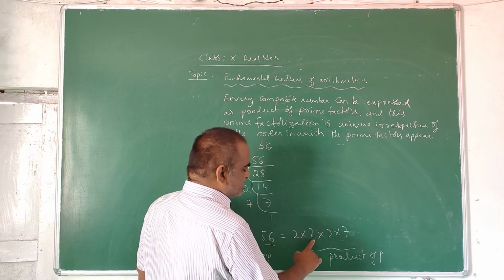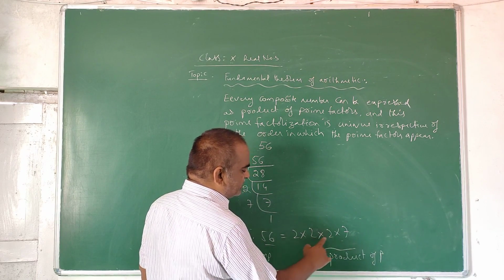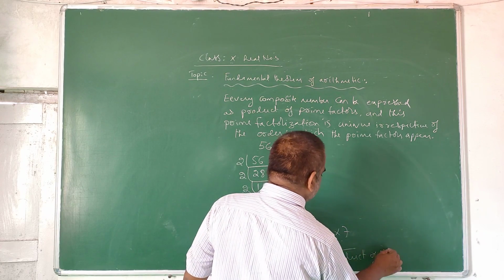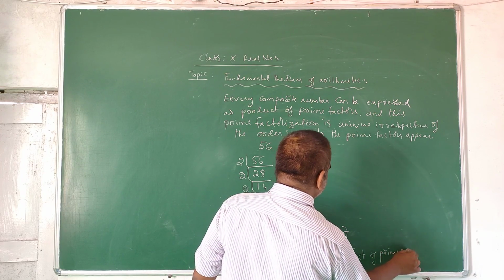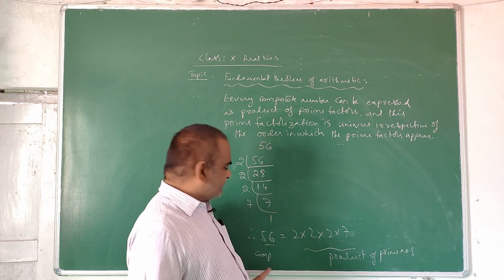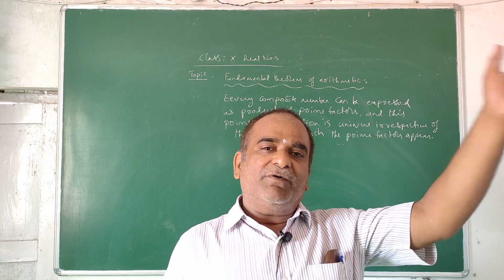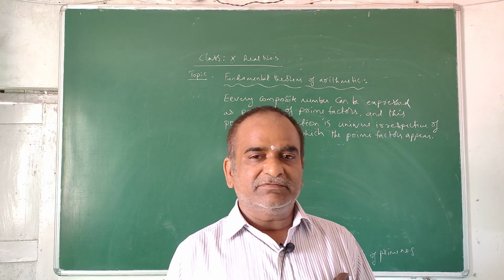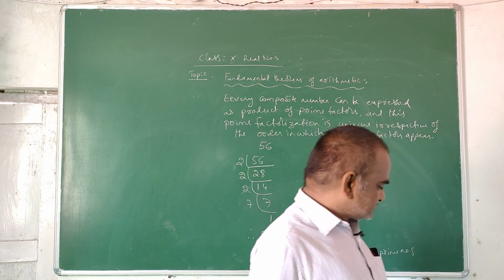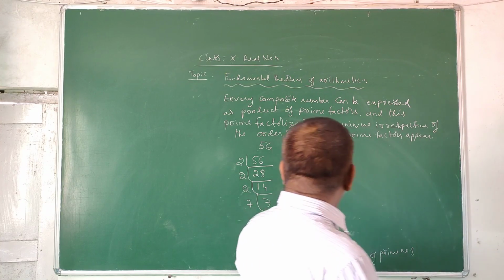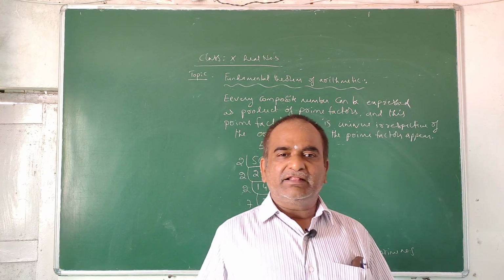All the factors in this product, you can see, are prime numbers, obviously. See how beautiful the result is. A composite number is equal to a product of prime factors. This is called the fundamental theorem of arithmetic.